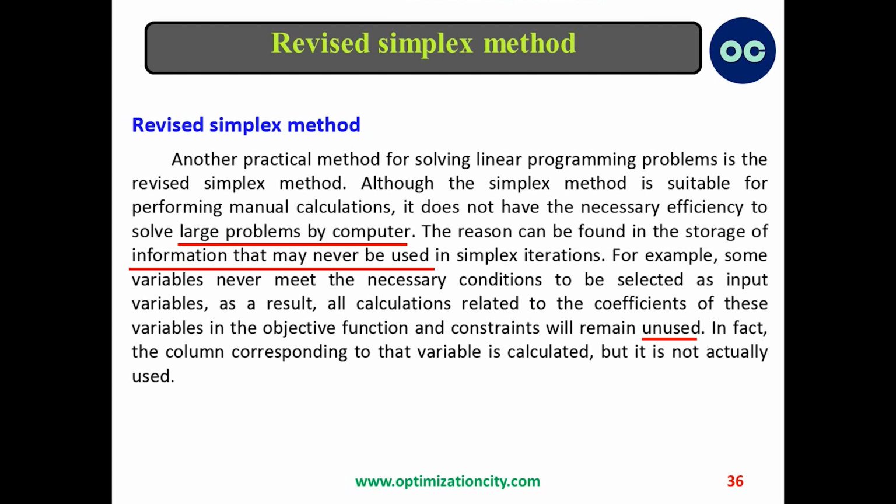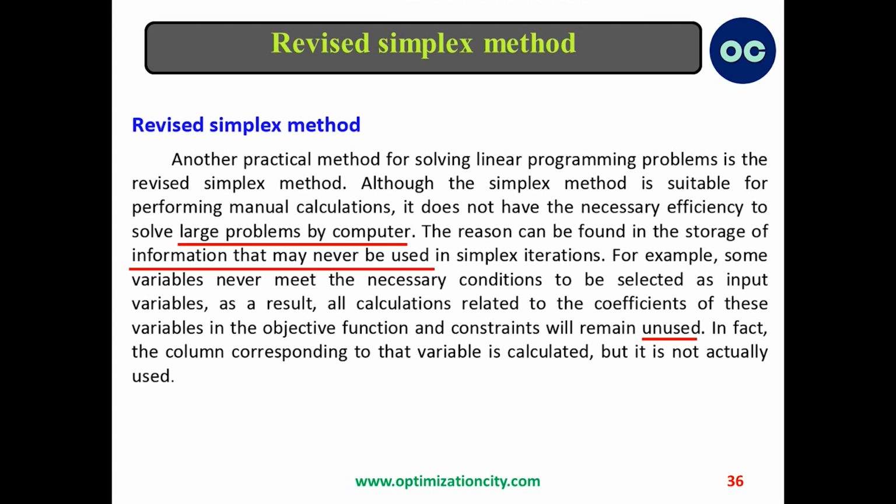The revised simplex method uses all the principles and steps of the original simplex method to solve the problem. However, it avoids performing redundant operations and storing useless information that would require a lot of memory on the computer. To apply the revised simplex method, you need to use a matrix formulation.